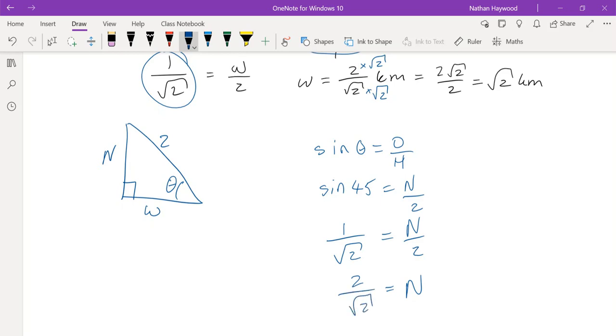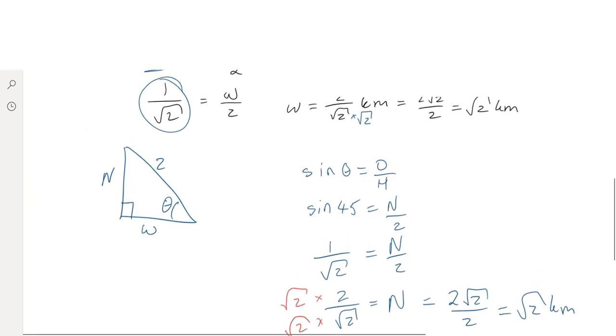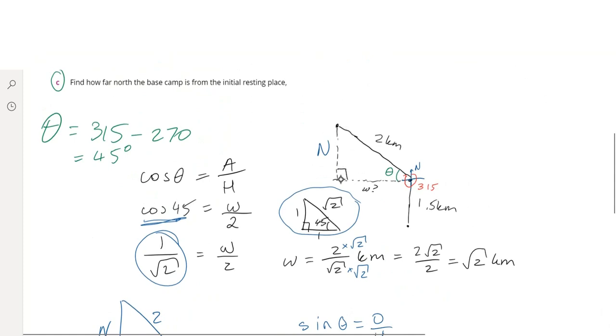And I'm not sure if you remember, I said yesterday mathematicians don't like surds on the bottom. So our final answer, after we rationalize the denominator, is 2 root 2 over 2, which becomes root 2 kilometers. So that was that length N there.